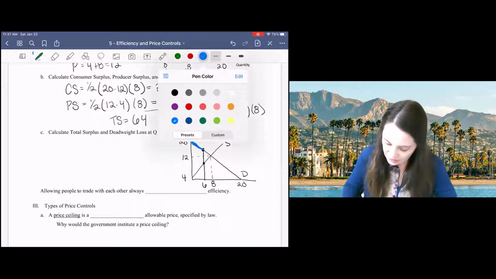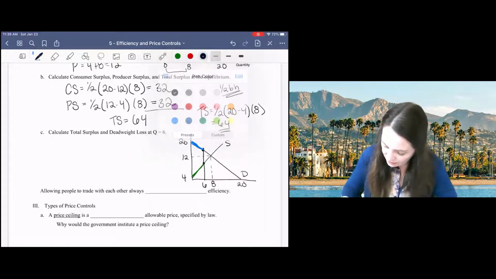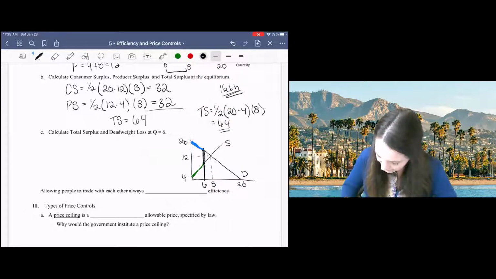We get some producer surplus because these producers are allowed to sell the good for more than the cost of production. But you can see that benefit, the difference between our consumers' value and our producers' cost, only goes out to a quantity of 6, right? We only get 6 trades now.